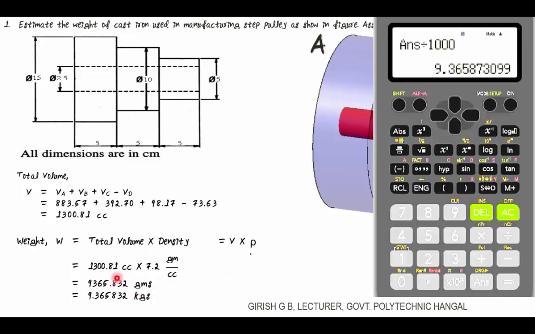We have taken few decimal points. There might be some difference, 873 is there, here 832. This is because we have used here 1300.81 into 7.2, whereas here we have used alpha E. Alpha E was 815 something, 58, the result we obtained previously. So this is the result for this question.